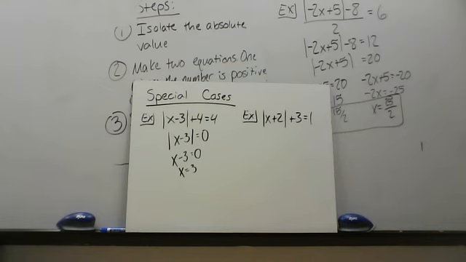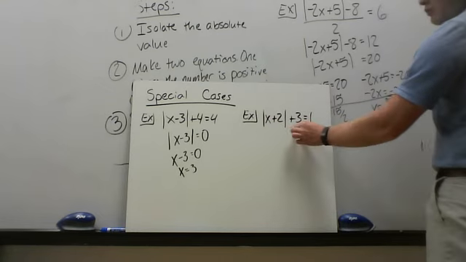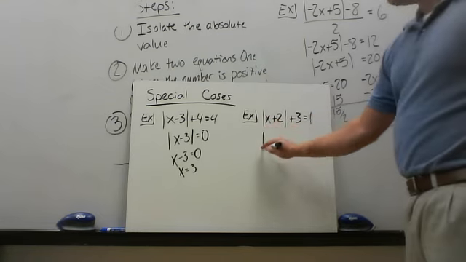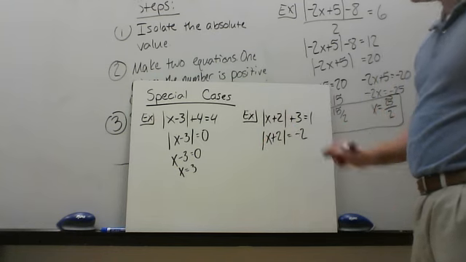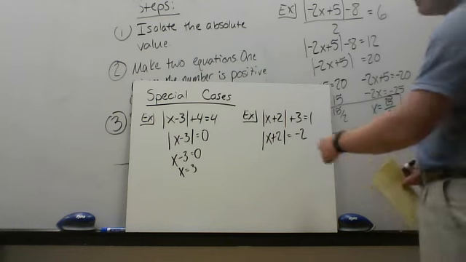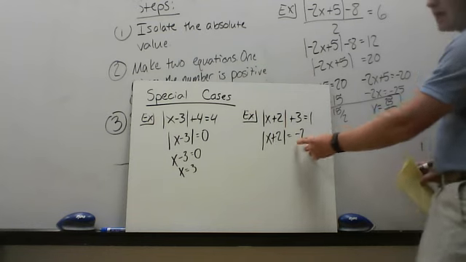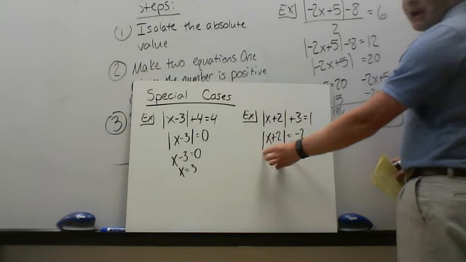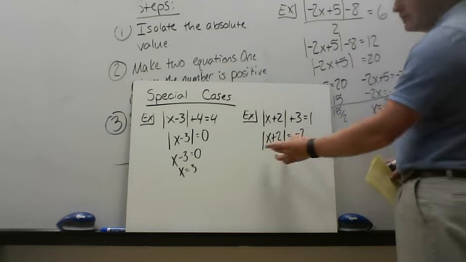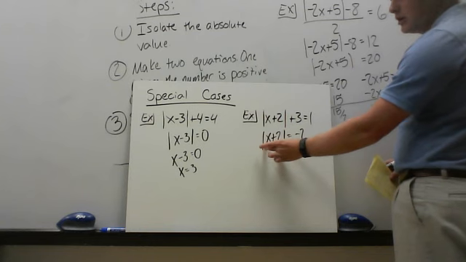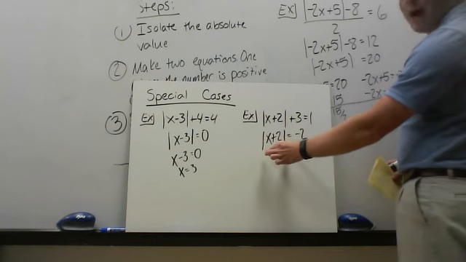Okay, for the second one, when I move this 3 over, I'll get the absolute value of x plus 2 equals negative 2. Now you might be saying, well, I just make it one positive, make one negative. If I have the absolute value of something equal to a negative number, that can't really happen, because whatever I try to substitute in here, the absolute value is going to make that into a positive.